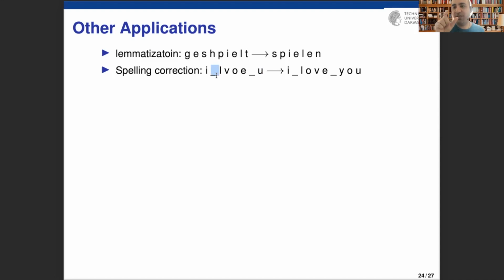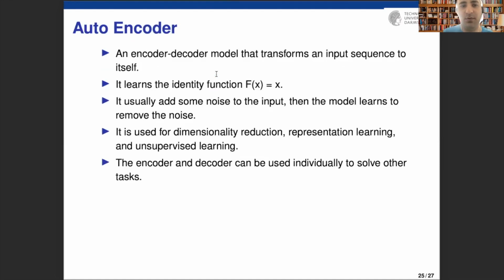To show where the space is, we use an underscore to represent a space. As the input to the encoder, you use the incorrect sentence, or a sentence with a spelling error, and the output is the correct sentence. And you can train it in an end-to-end learning fashion.